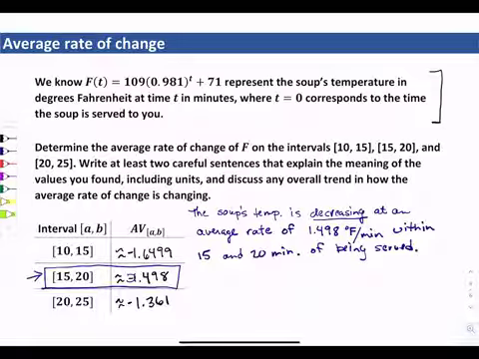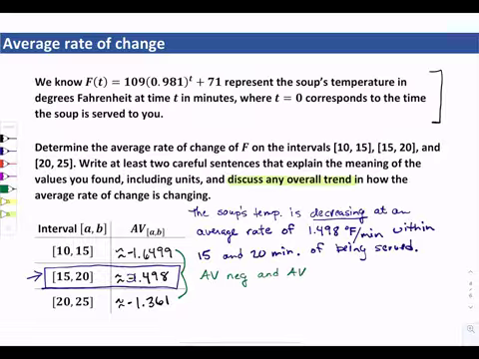So the other thing we want to do is make sure one of our sentences discusses the trends in the average rate of change. So what are we noticing in the trends here? So we notice a couple things. We notice that the average rate of change is negative, and we notice that the average rate of change is increasing, right?